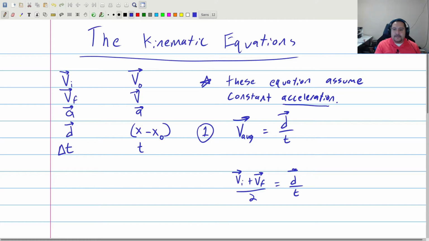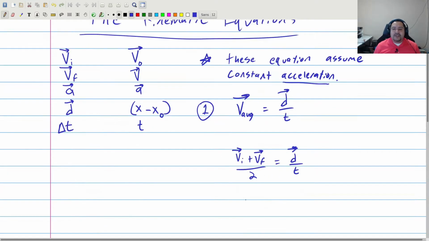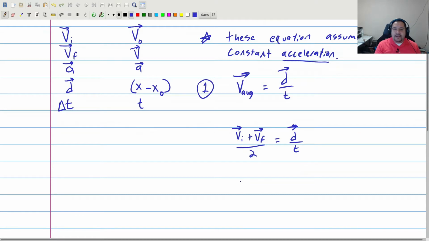D is a vector. Okay, so you probably won't see it like this. You'll probably see it rearranged a little bit, and it'll look like this. Vi plus vf over 2, vector there. I guess you don't need those parentheses. They're just serving double purpose.